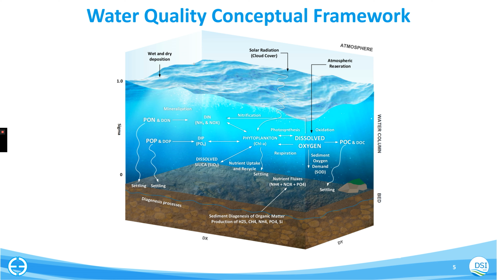And then with respect to the processes at the surface, you can have wet and/or dry deposition fluxes coming into the water column at the top layer. Then you also have reaeration. Now, this shows a one-directional arrow. Actually, it's bidirectional. So if you're supersaturated because of, say, an algal bloom, and you're in excess of saturation for your oxygen, then you actually lose it at the surface.